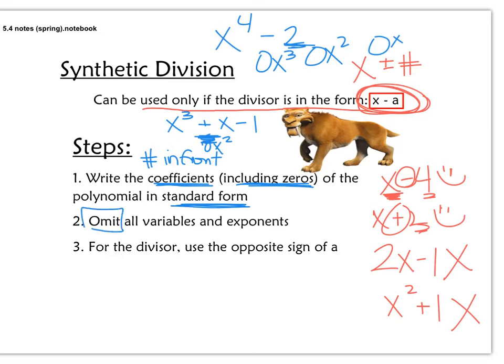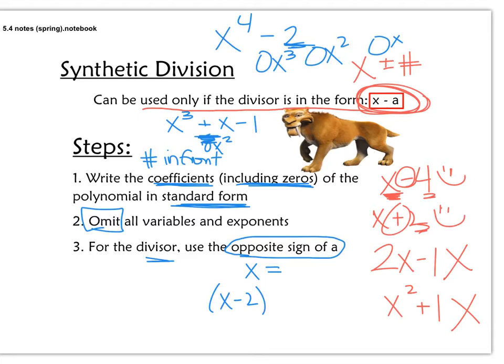You will omit, meaning leave out, all the variables and all the exponents, which is great. It just simplifies this whole process. And then for the divisor, so what you're dividing by, use the opposite sign of a, or in other words, what x equals. So if you were dividing by x minus 2, what does x equal?